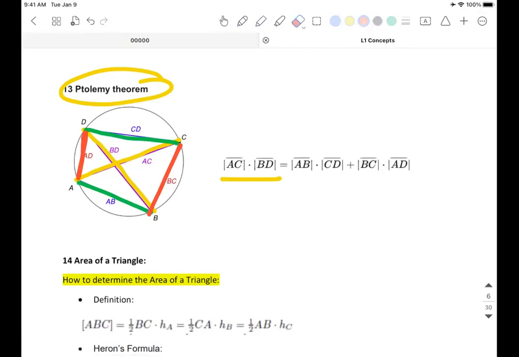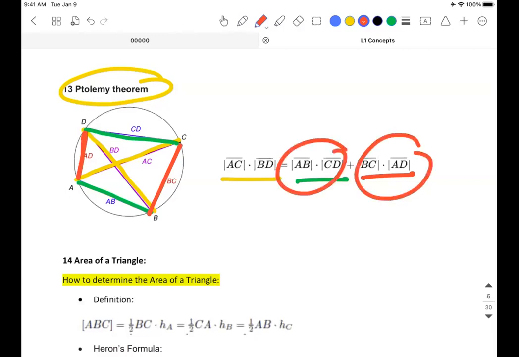CD times AB, that's in green, plus BC times AD, these two green sides multiplied together. These two products added together equal the product of the two diagonals. This is a very important property for the cyclic quadrilateral.